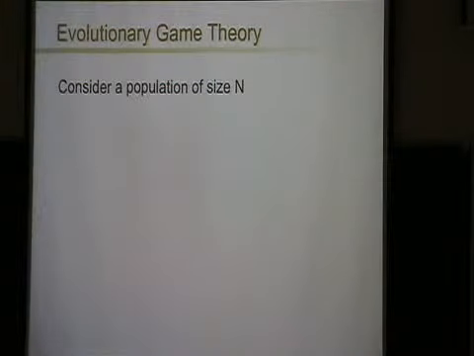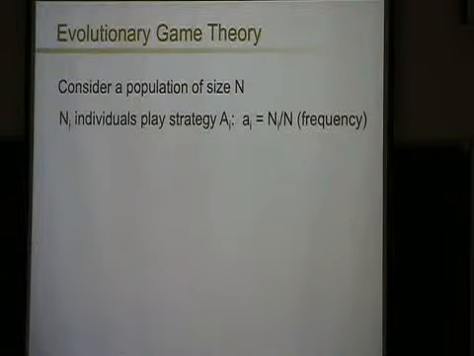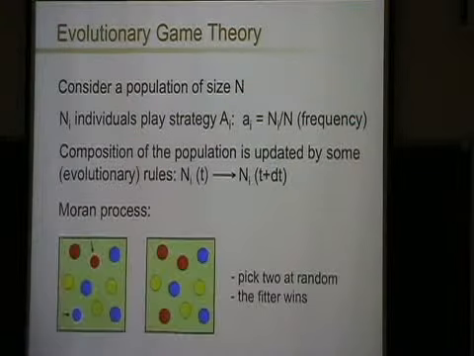So in essence, you're studying population dynamics with a certain population size, and you have individuals of different types i, and you have a number n_i of those individuals playing a certain strategy A_i. So the frequency, the fraction of individuals playing a particular strategy, is the number of those individuals divided by the total population size. Okay?